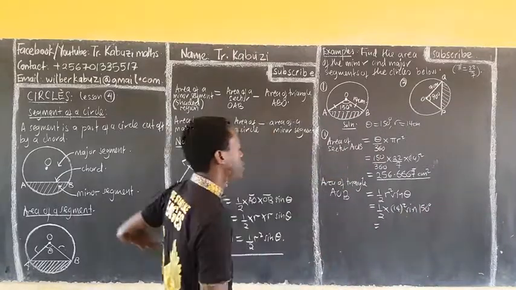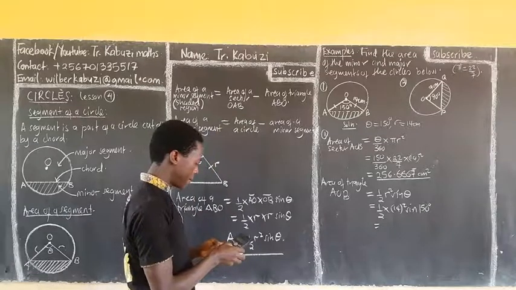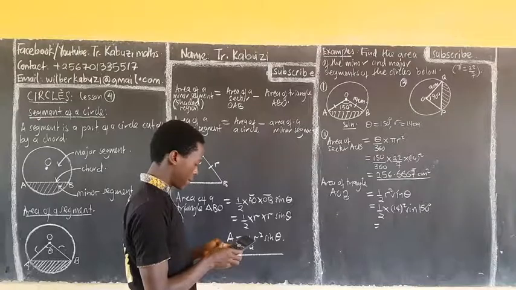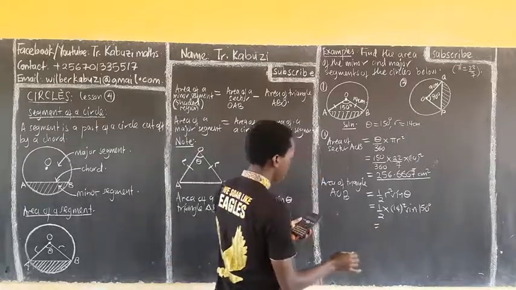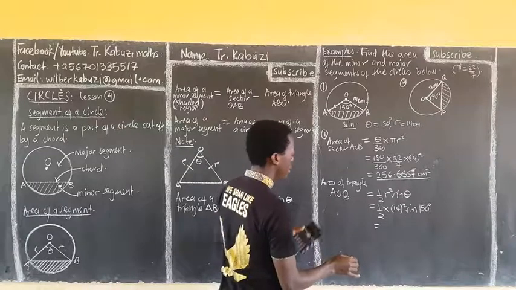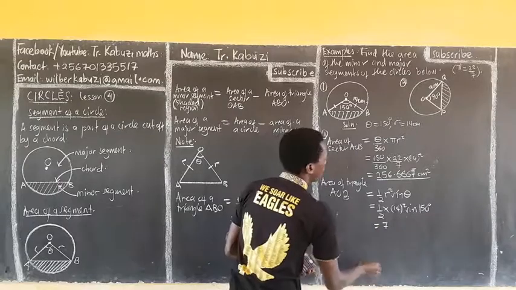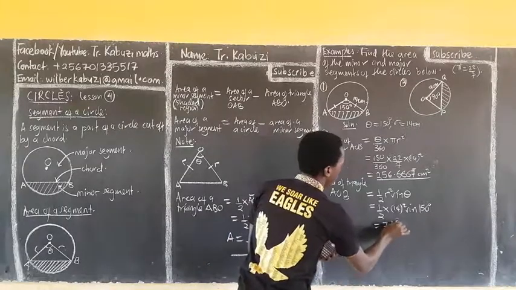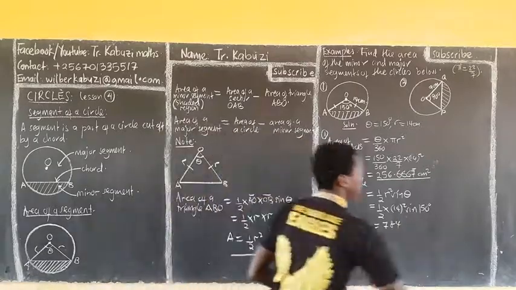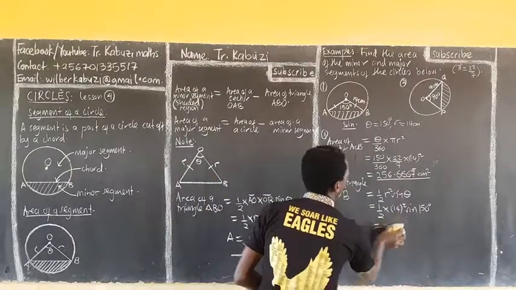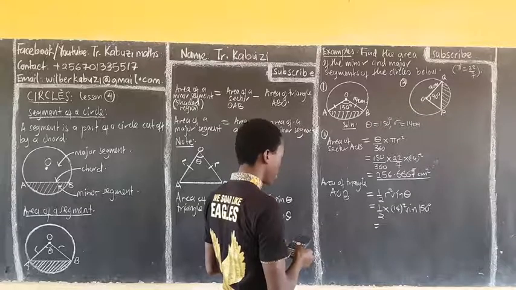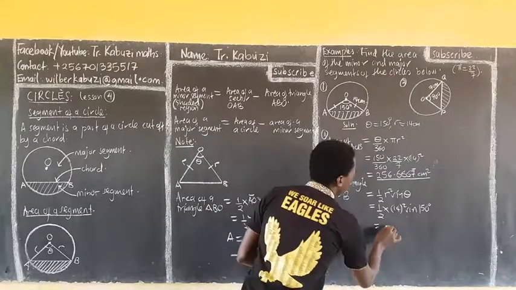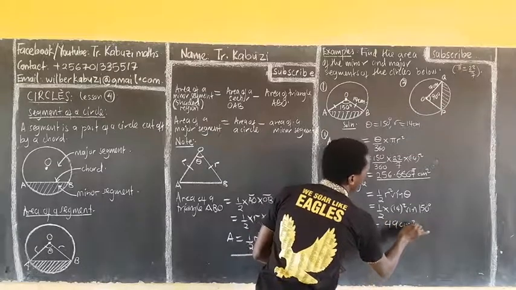And if you press that on the calculator, this is giving me 49 centimeters squared.